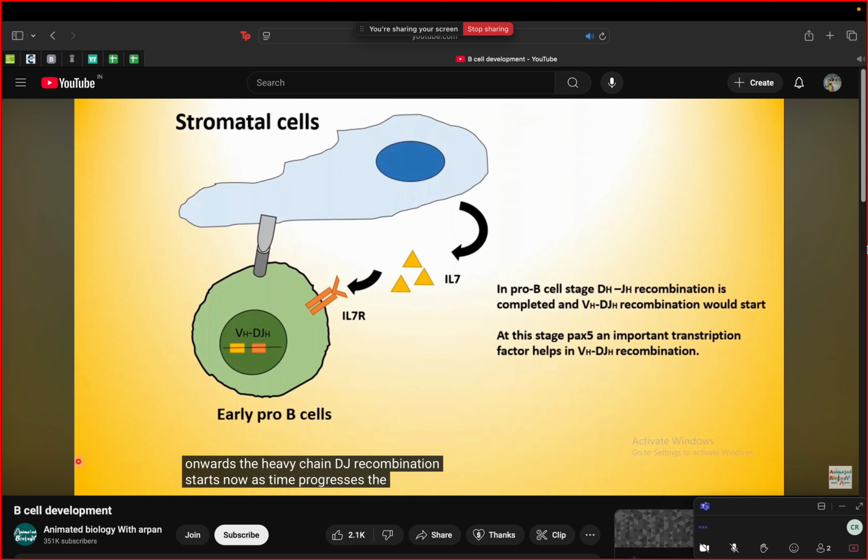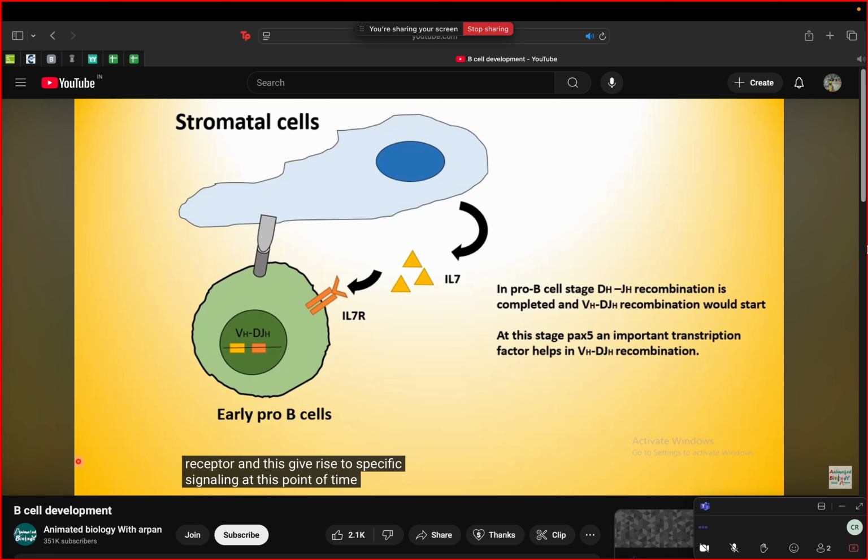Now as time progresses, the early pro B cell detaches from that specific stromal cell and goes and binds to other stromal cells which are IL-7 secreting. Now IL-7 has a distinct role in early pro B cell development. The IL-7 receptor is situated on the early pro B cell, and IL-7 binds to the IL-7 receptor, and this gives rise to specific signaling.